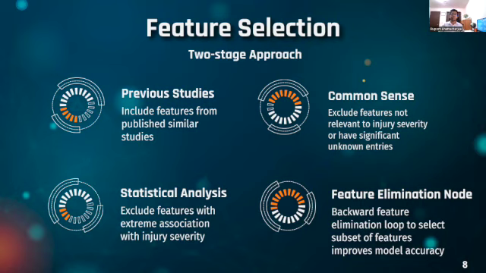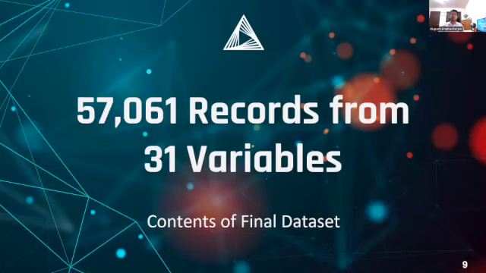Then the backward feature elimination node in KNIME was utilized to select the final set of 30 input features that are absolutely necessary to improve the predictive performance of the models. After making all these changes, we are able to trim the dataset from over 128,000 records to 57,000, and trim from over 100 variables to just 31 variables, including the target variable injury severity.